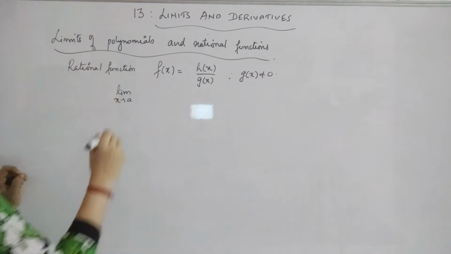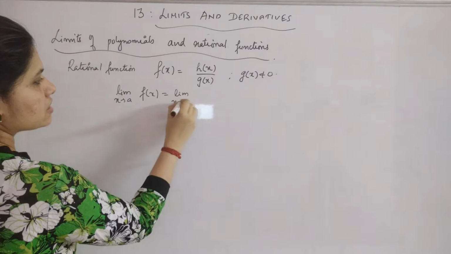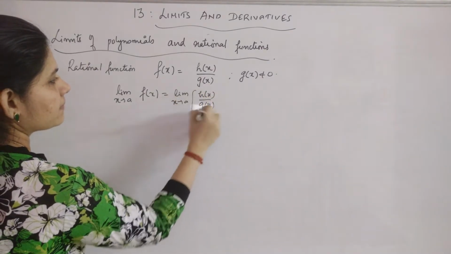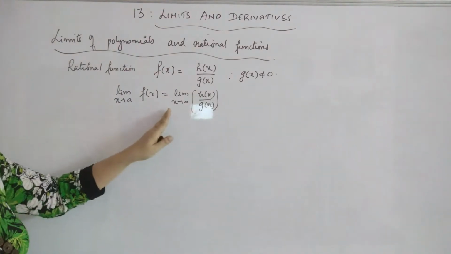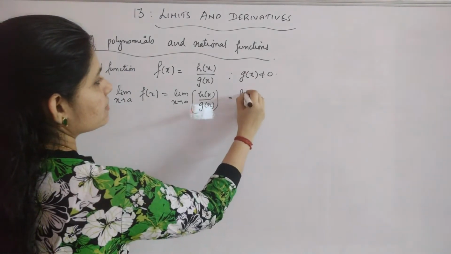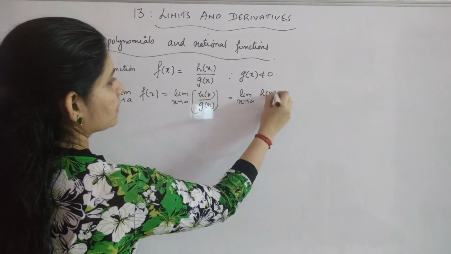Limit x tends to a, f of x will be equal to limit x tends to a, h of x by g of x, and that is the same as, again the fourth property says that the limit of a quotient is equal to the quotient of the limits. So here you can separately give the limit to both the numerator as well as the denominator.